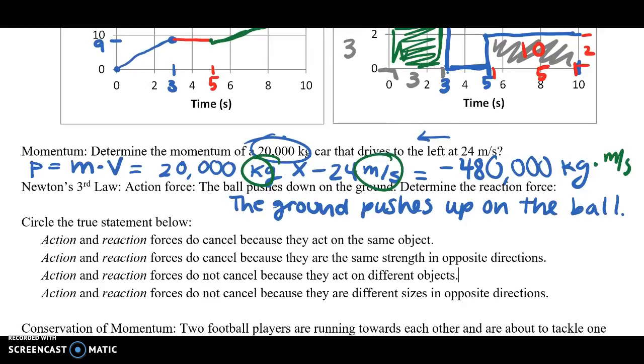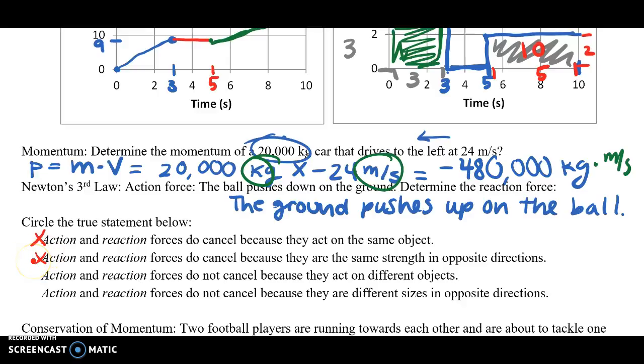The second part of this question related to Newton's third law is understanding the action and reaction forces. So circle the true statement below. Action and reaction forces do cancel because they act on the same object. That's not true. They act on different objects. Second one, they do cancel because they are the same strength in opposite directions.